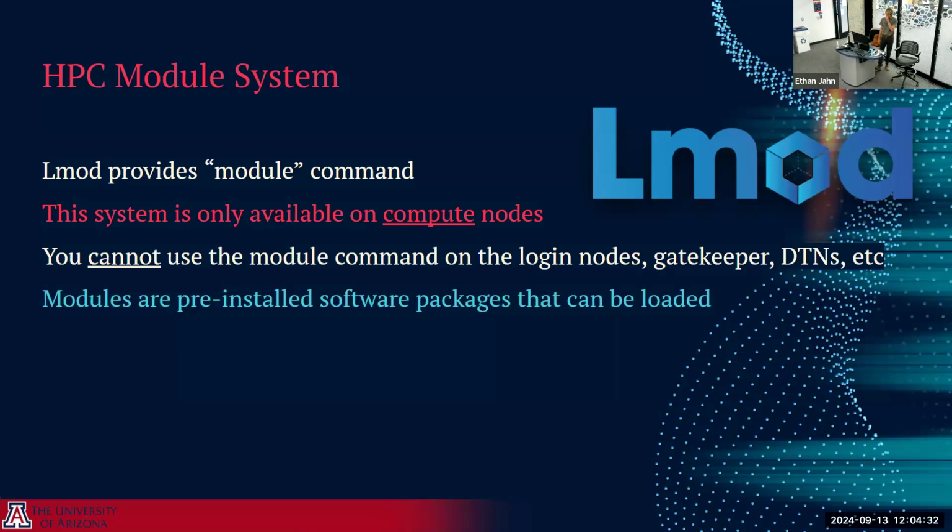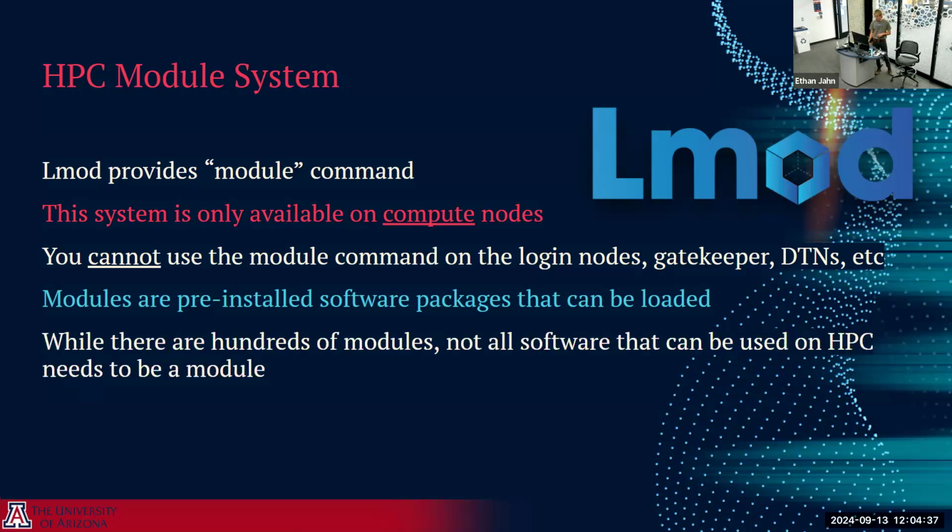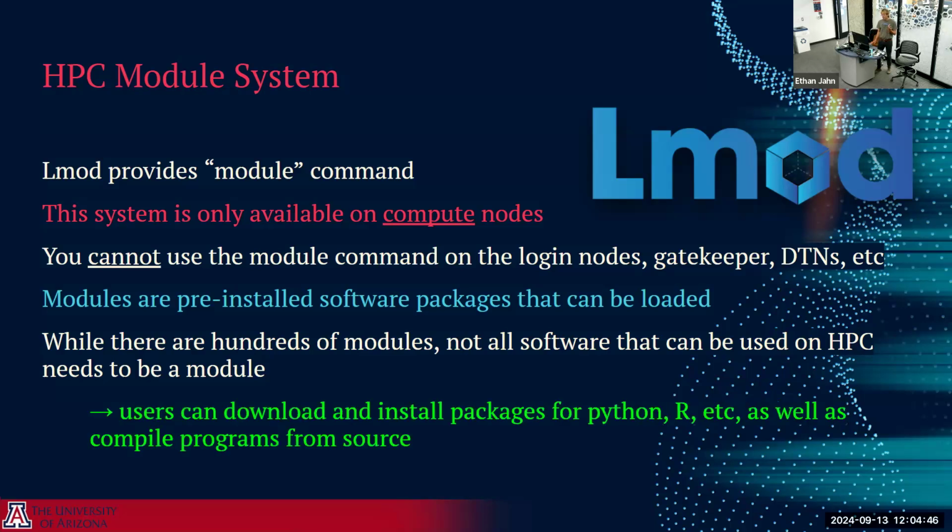Modules are pre-installed software packages that can be loaded. While there are hundreds of modules, not all software that can be used on HPC needs to be a module. Users can download and install packages for Python, R, etc., as well as compile programs from source in their own personal directories.